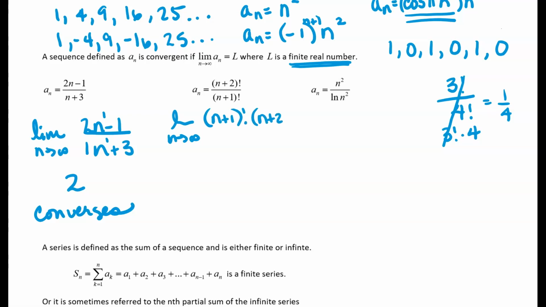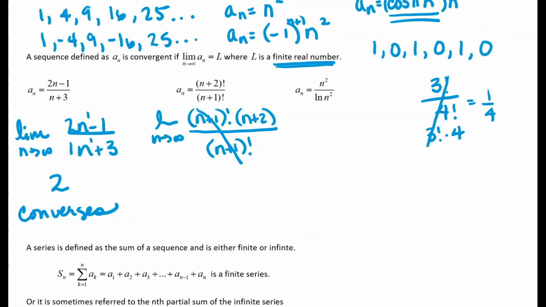It's all the ones up to that, and then plus 1 more over n plus 1 factorial. The n plus 1 factorials cancel. N is going to infinity. However, n is in the numerator, so this is going to infinity, and we would say divergent.